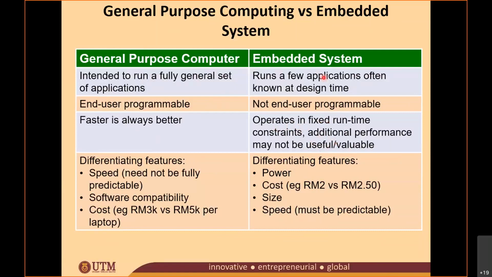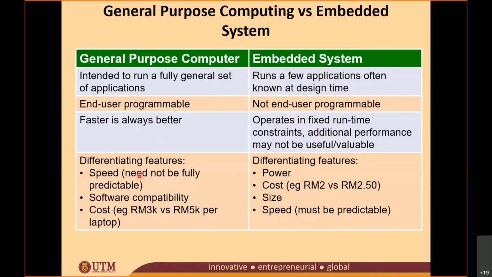Because you are only going to run a few applications. So your embedded system is not required to have a faster processing unit or bigger RAM, because only a few applications are going to run.